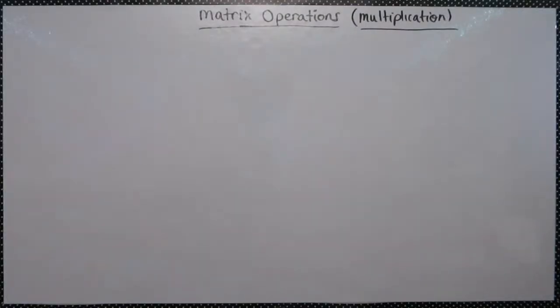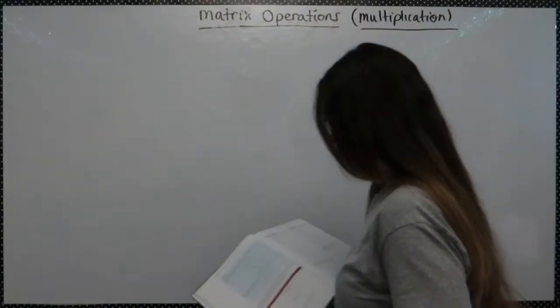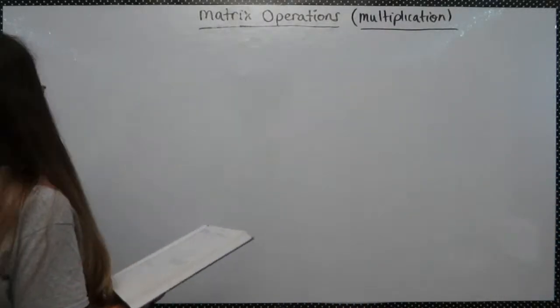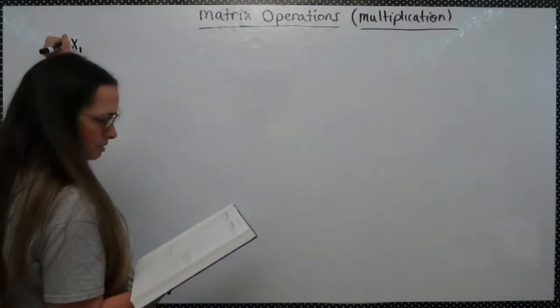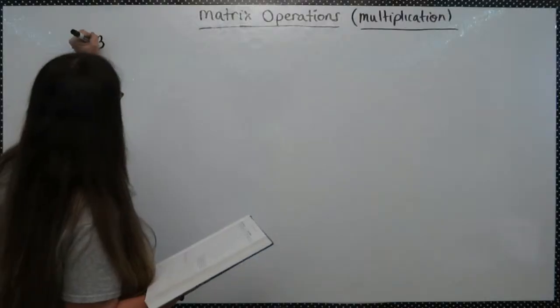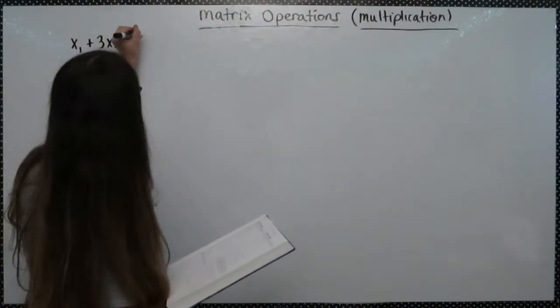All right, so I have the system. Because my book likes to do x1, x2, it doesn't like to have two variables, we'll do it like the book. So it says x1 plus 3x2 equals 7.